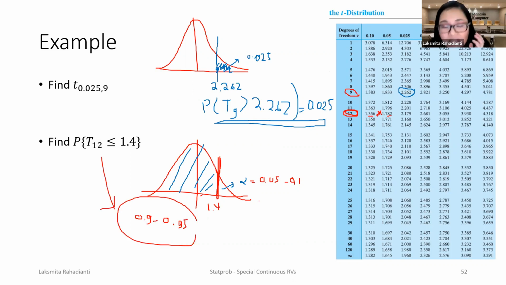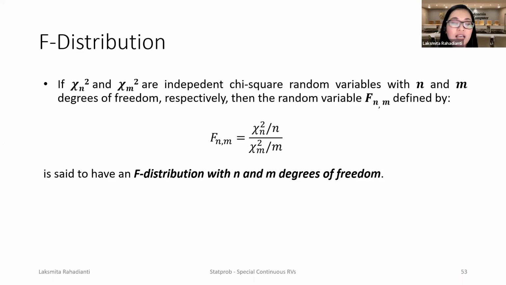So it's true that the T distribution table on its own is very difficult if you want to compute the probability. But lastly, we have the F distribution. So again, it is a combination of a chi-square divided by n and a chi-square divided by m. Remember that chi-square divided by n, this was t, so these are two t distributions. And this would be said to have an F distribution with n and m degrees of freedom.